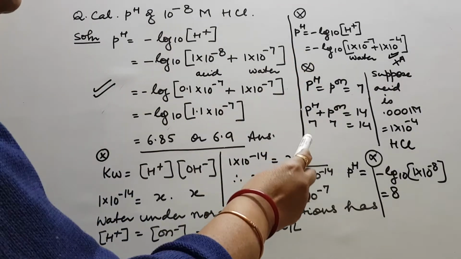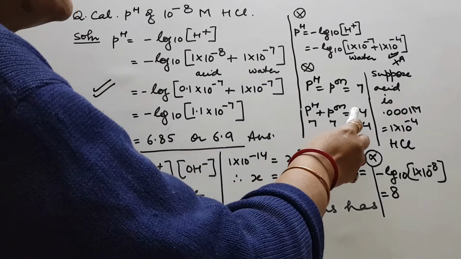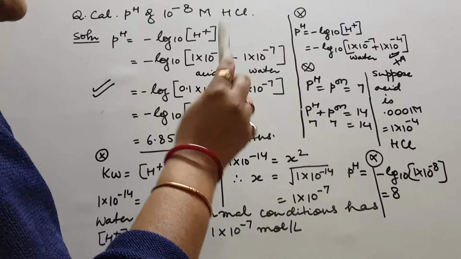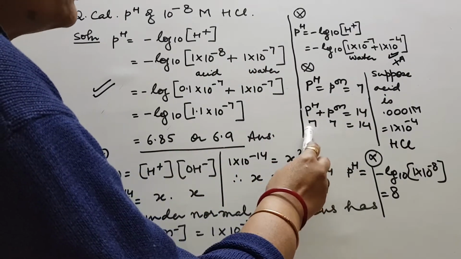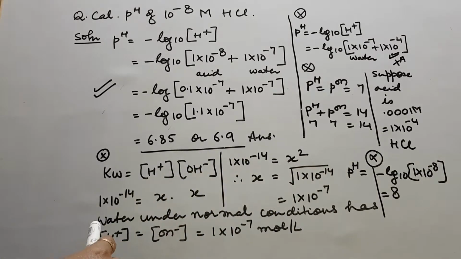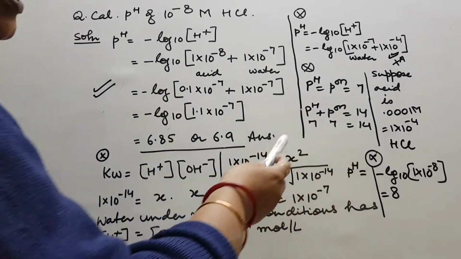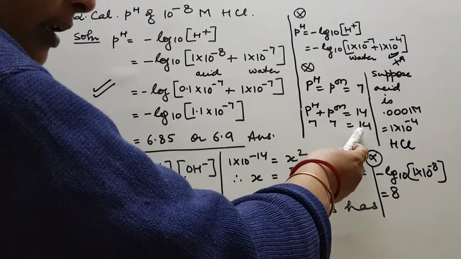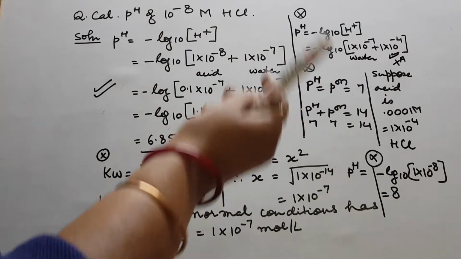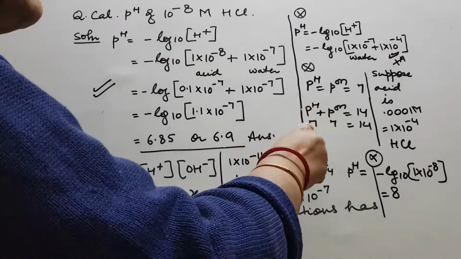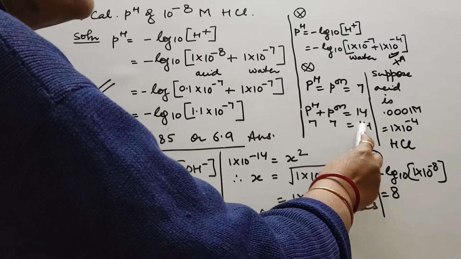So from here only, children, we used to have the formula pH plus pOH is equal to 14. Water has pH 7, pOH 7. You add it, total is equal to 14. So pH plus pOH in case of pure water is 14 through this formula. Right? And when we put some acid or base into that, then the pH and pOH balance changes but the sum always remains equal to 14.